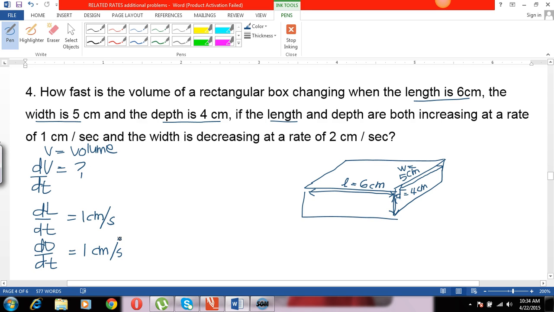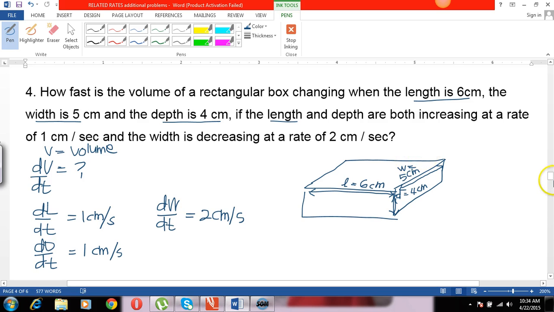Okay, and the width is decreasing at a rate of 2 cm per second. Then dW over dt equal to negative 2 cm per second. Okay, so this is information given from the problem.